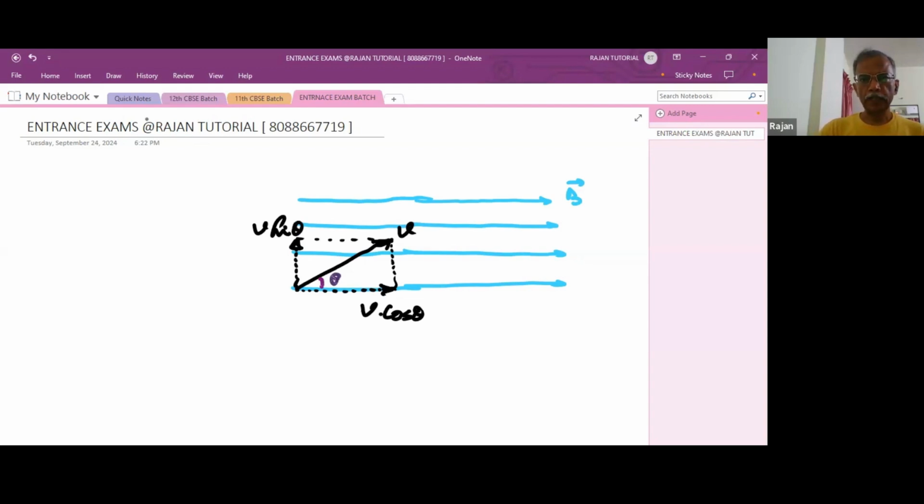Call this V1, call this V2. Got it? Up to that is clear. V1 is equal to V cos theta, the component of V in the direction of the magnetic field. V2 is equal to V sine theta, the component perpendicular to the magnetic field.